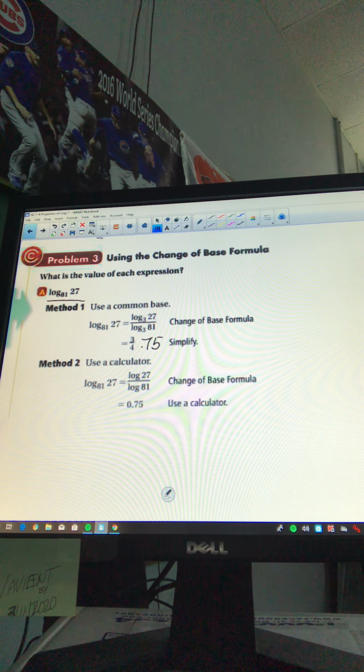Now, this first method they're using here is called the common base method.